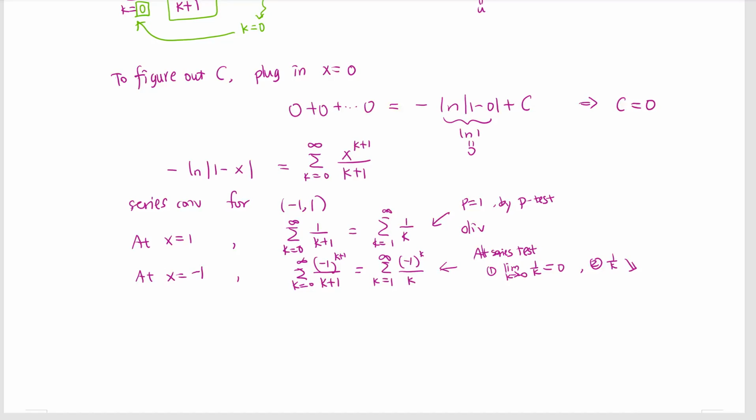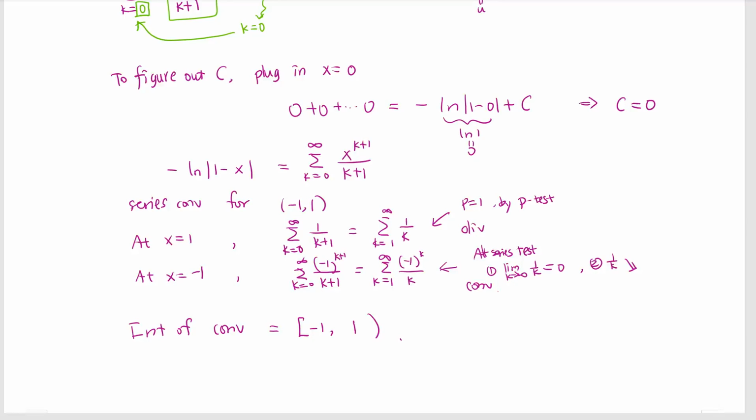So by the alternating series test, this one converges. So what is the interval of convergence? We have minus 1 converges, so a bracket there, and 1 diverges, so a parenthesis there.